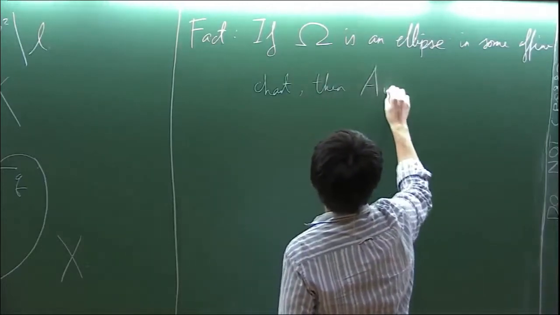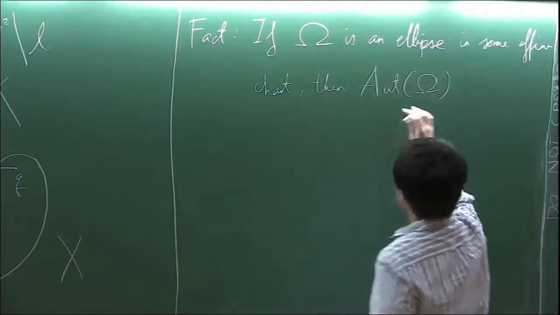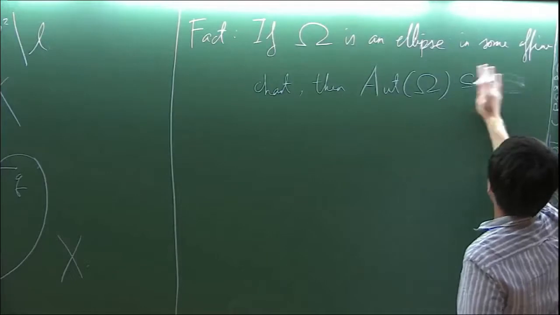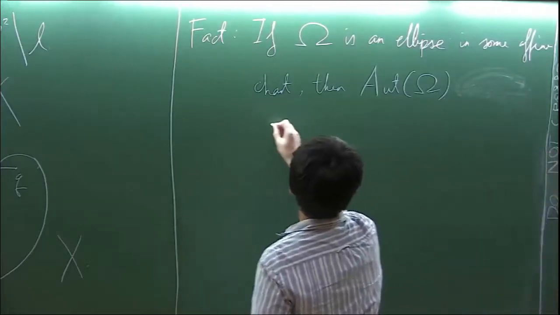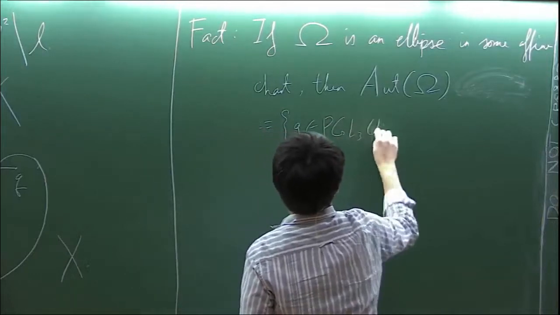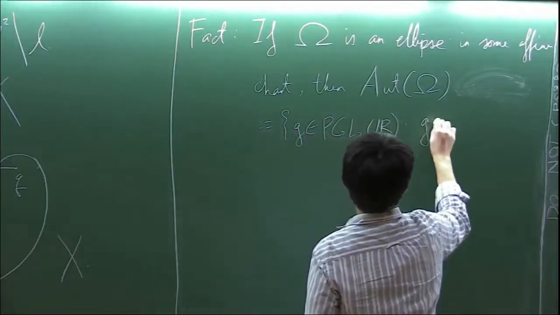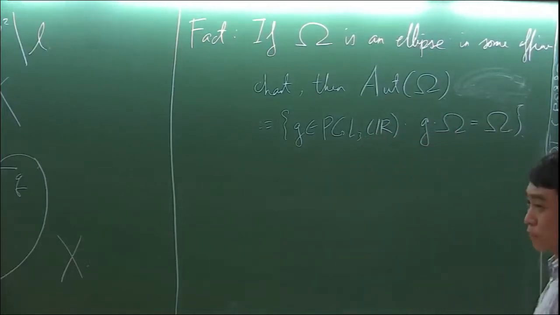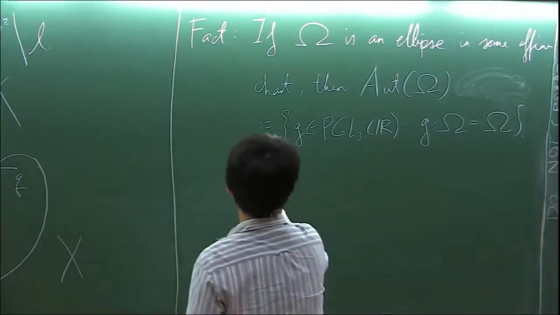the automorphism group of omega. So what is this? This is the subgroup of PGL3R. Maybe I just define. This is defined to be the set of G in PGL3R that takes omega back to itself. The automorphism group of omega turns out to be PGL2R.